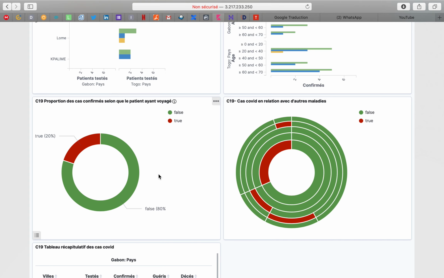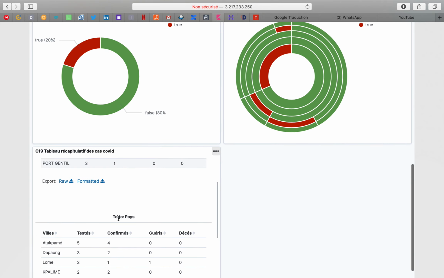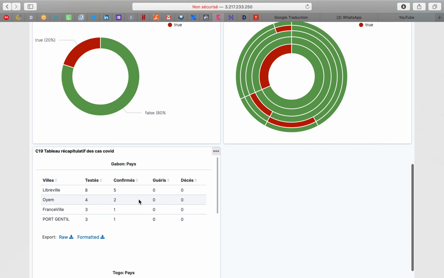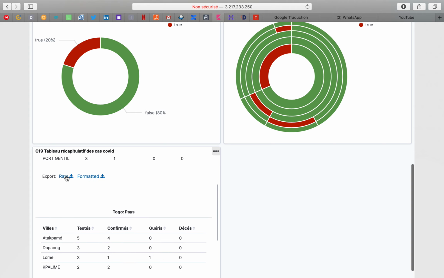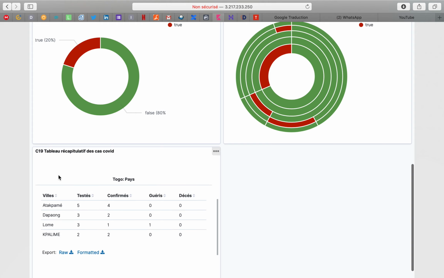And finally, a summary by countries, cities, and districts if necessary, with the possibility of exporting this data for in-depth studies by the health authorities.